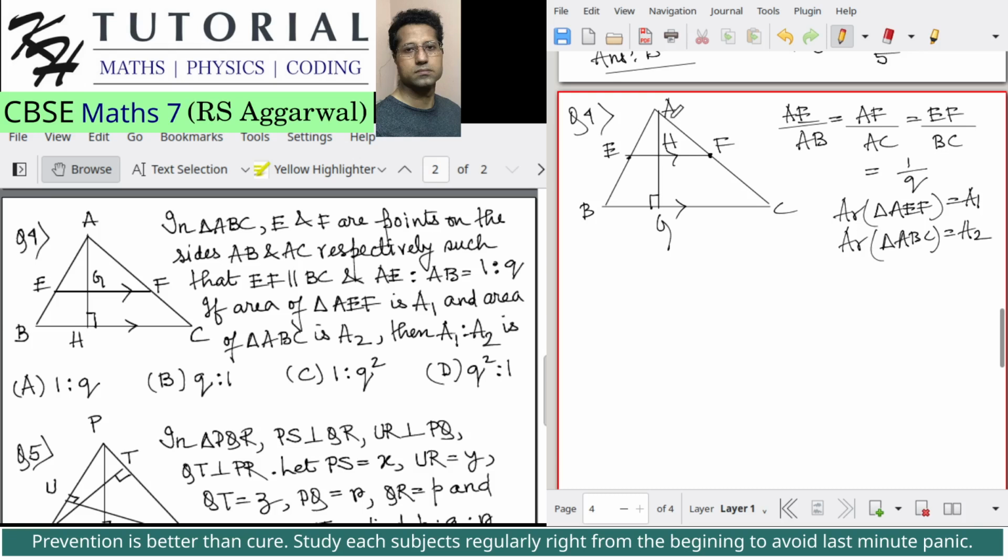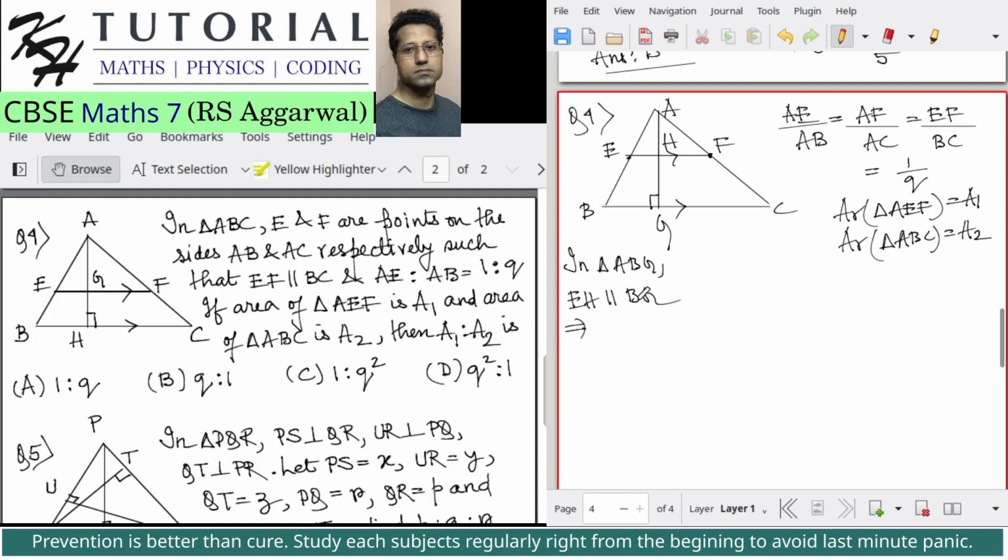Now, if you consider the triangle ABG, you will see that EH is parallel to BG. So in triangle ABG, EH is parallel to BG.